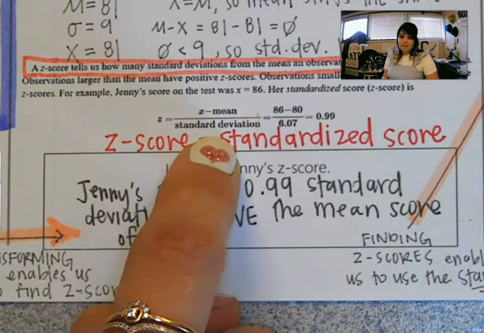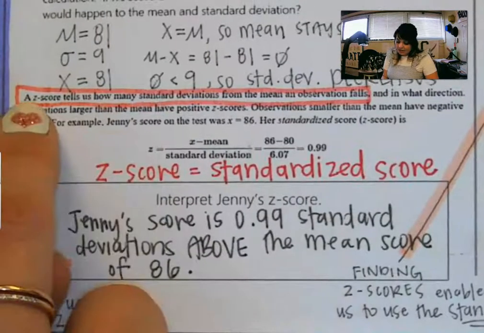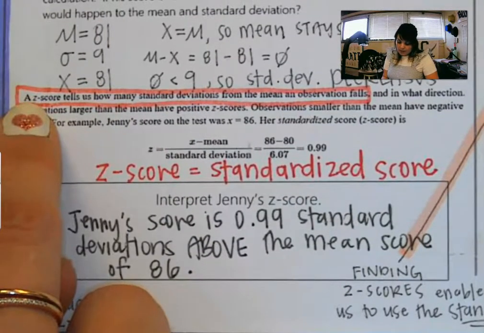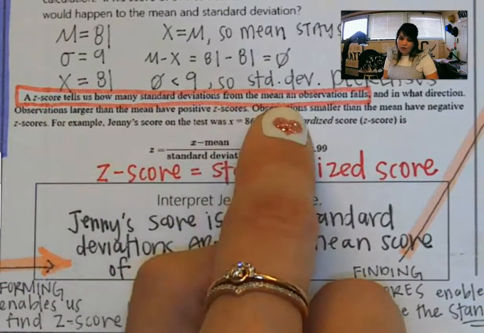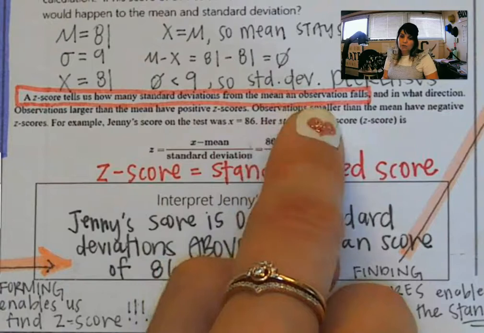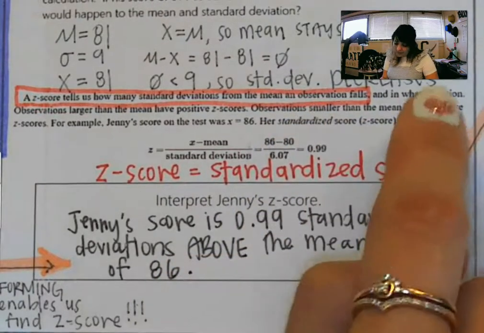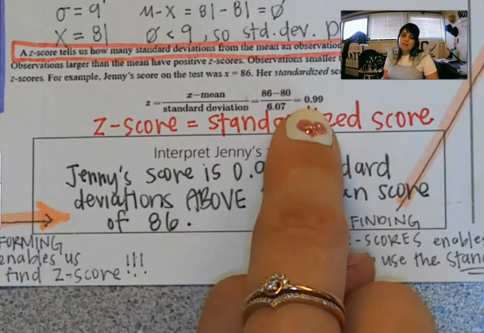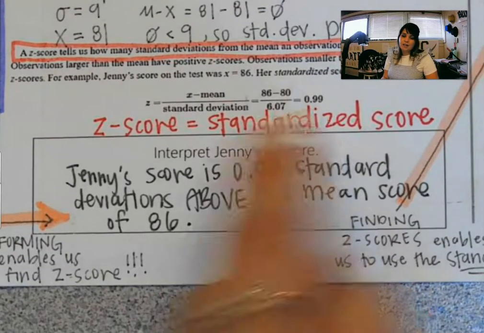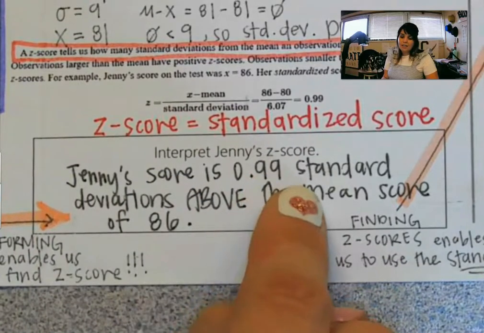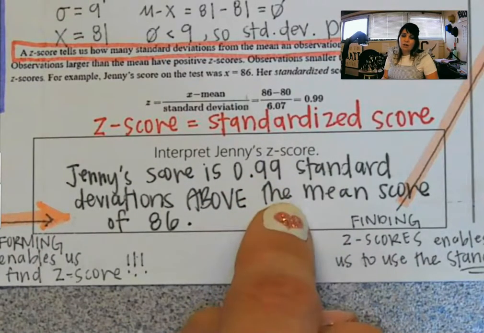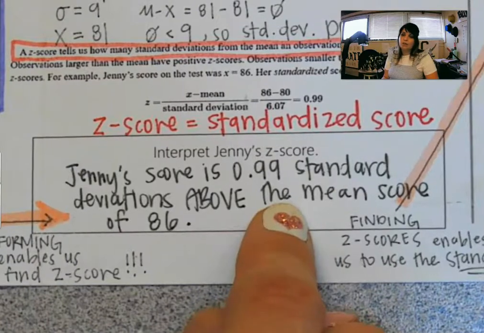What does this tell you? A z-score tells you how many standard deviations from the mean an observation falls, and in what direction. So if Jenny has a z-score of 0.99, that means that Jenny's score is 0.99 standard deviations above the mean score of 86.